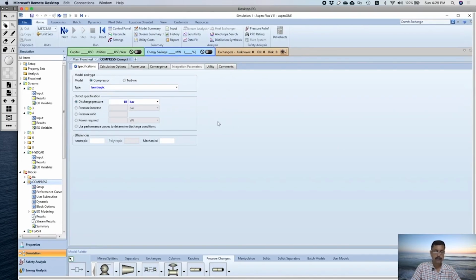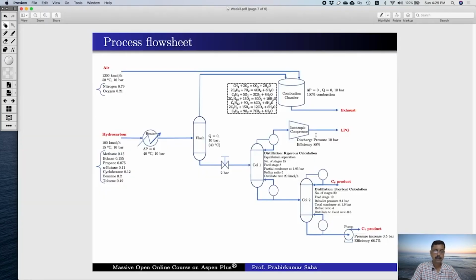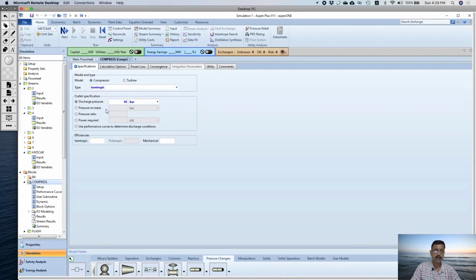Although this is complete, some extra information is given here, 88% efficiency. So we write 0.88. It is isentropic efficiency.